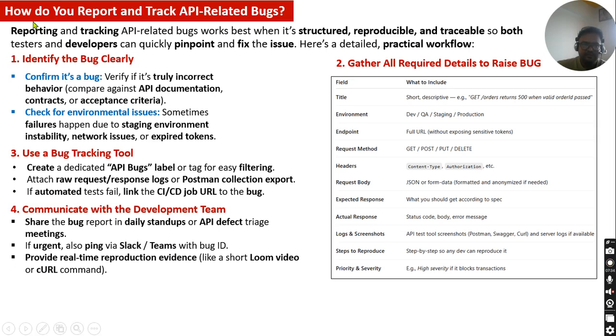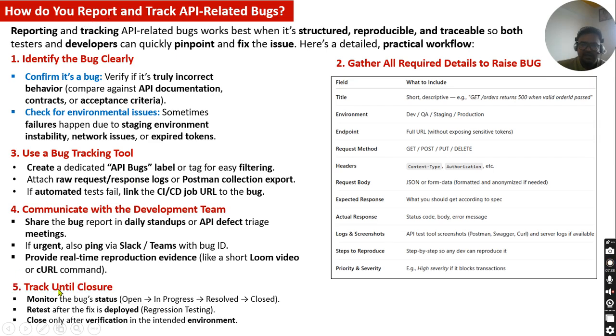So this is the best way to report and track a bug, and I would say track until closure. This is always the thumb rule for QA: if you are raising any bug, it's your responsibility to track it till closure. Monitor the bug status every day and make sure it is moving further. If it is stuck in one status, follow up on why it is still in progress or still in open status.